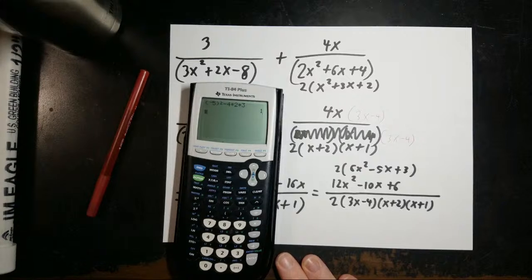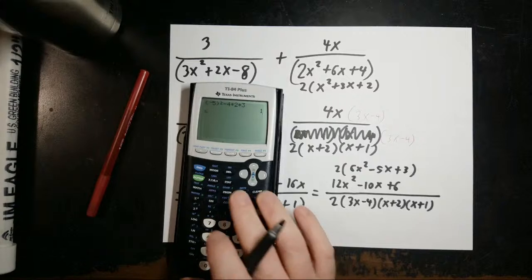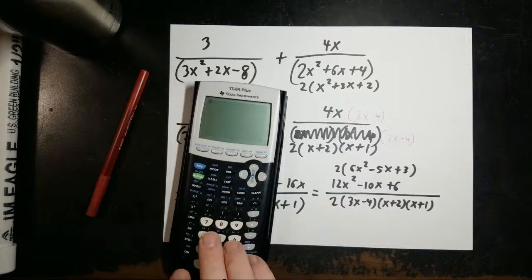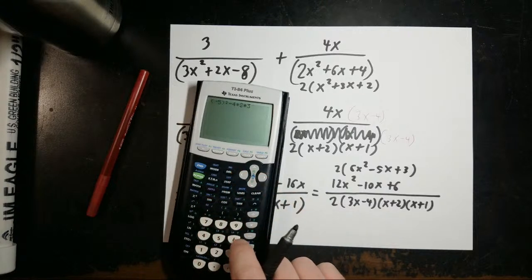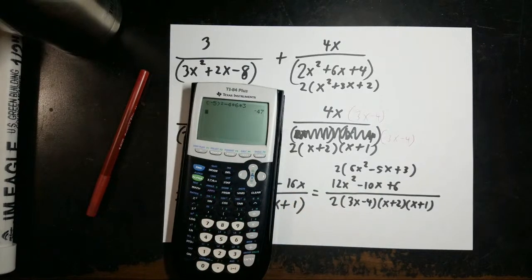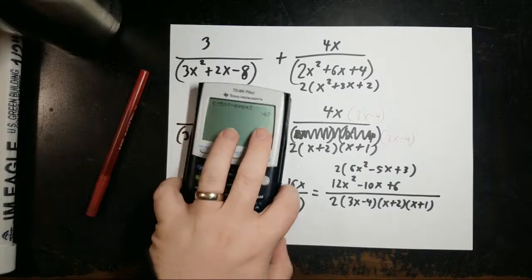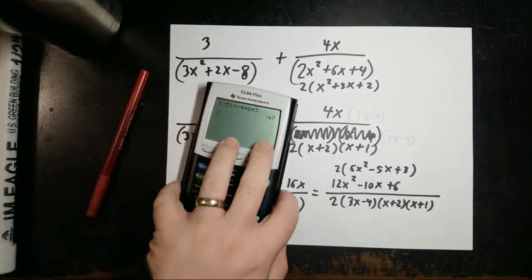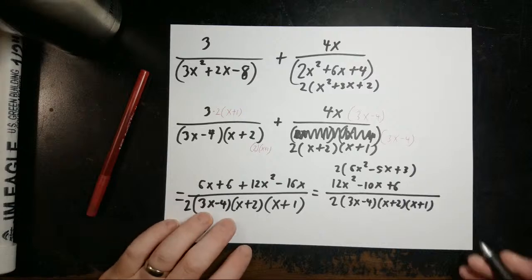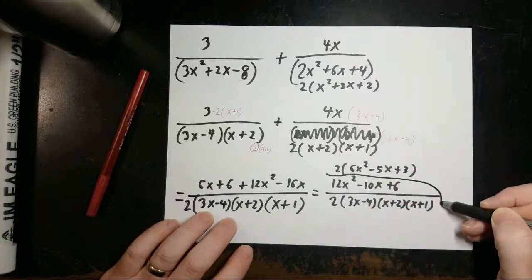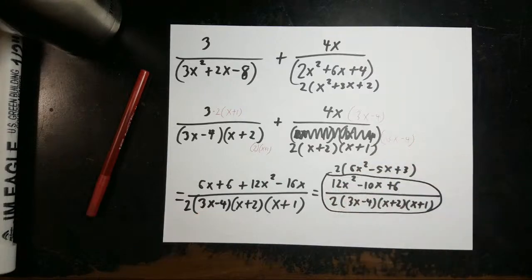Did I get the right one here? Oh, no, I totally didn't do the 4ac. 4ac. Yeah, totally. Cannot factor that. The only way that would be factorable is if the discriminant was a positive perfect square. So we are done. That's all we can do. It looks terrible, but that is what the answer is.